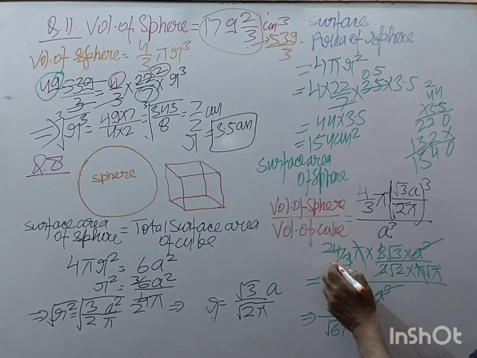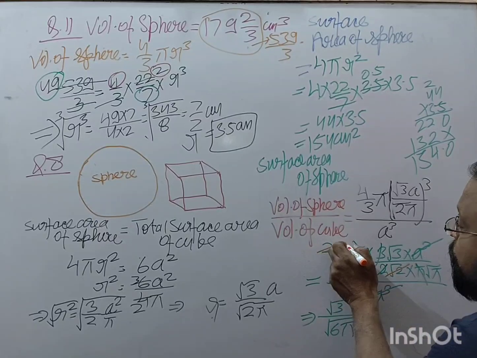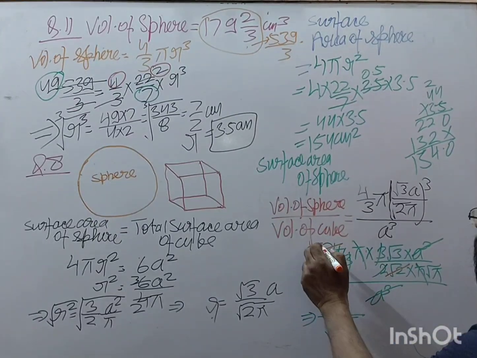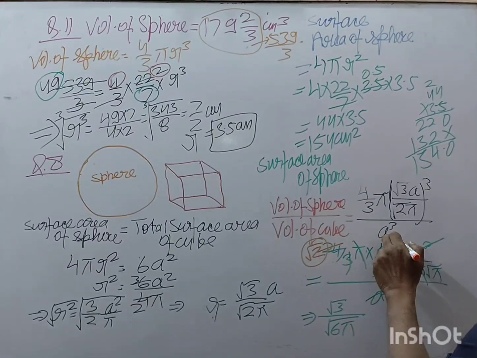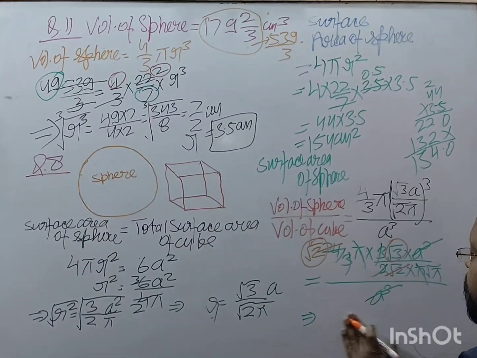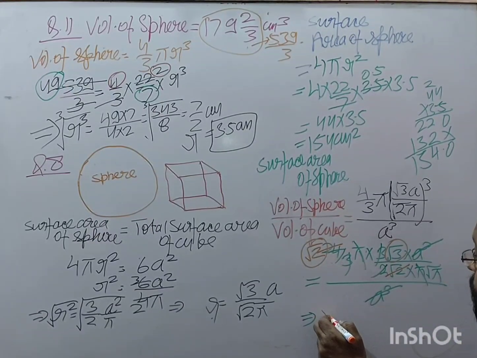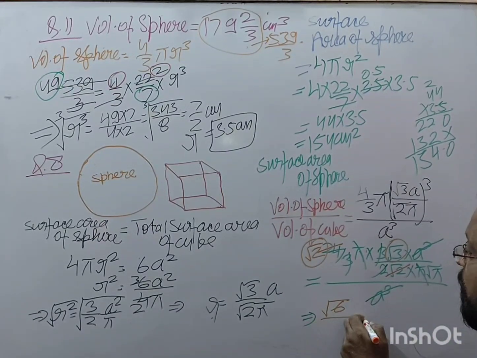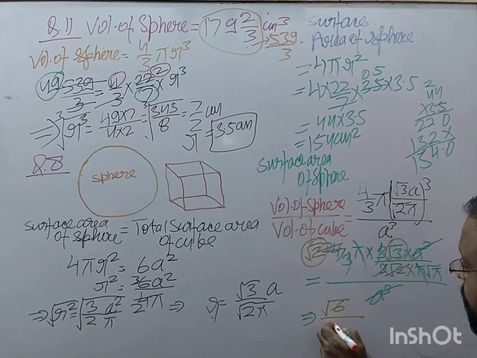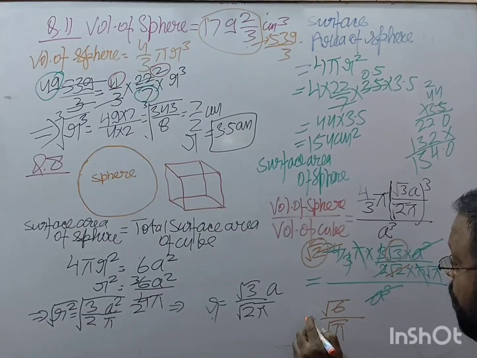This is 2 times 2, na? So this root 2 will give you root 2 here. And this root 2 is multiplied by this root 3. So you get how much? Root 2 into root 3 becomes root 6 upon root pi.